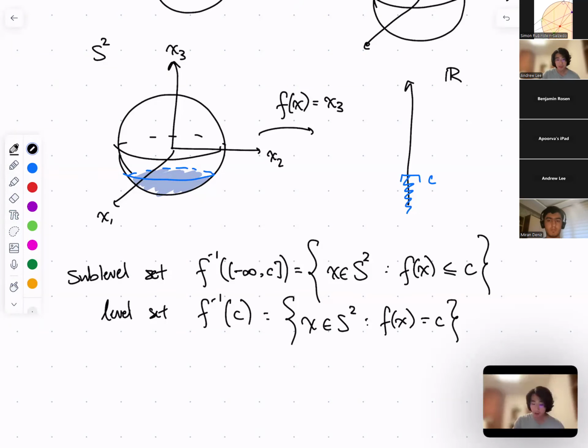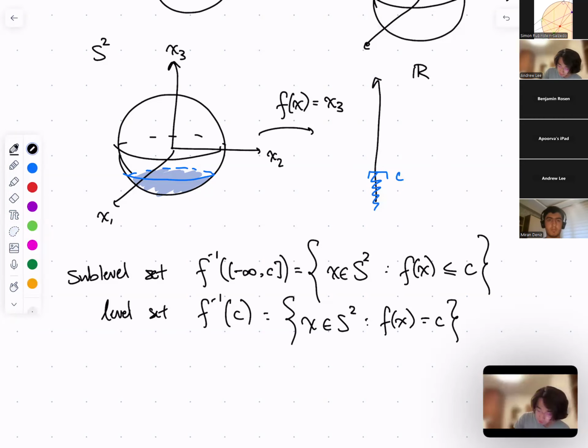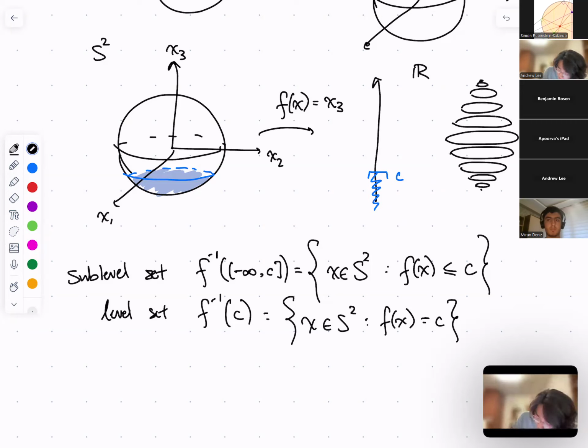So what does this allow us to do? It allows us to cut up our space into its level sets. If we start at the level set of -1, we have just a point. Then as we go up, we get bigger and bigger circles. At 0 we have a circle of radius 1. Then as I continue scanning up, my circle gets smaller, and I get back to a point at the top.